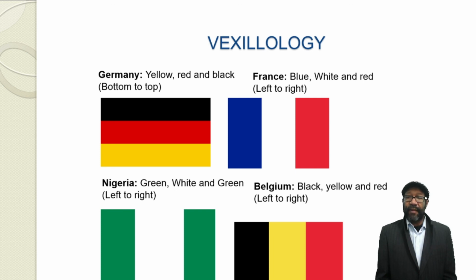Another thing we can say about these flags is that the German and Belgian flags have the same colors, but the position is different. This is why in 2018, when the Brazilian team lost to Belgium, people were making jokes, changing the position of the flag, making a joke like Germans were disguised as Belgians to defeat Brazil in the World Cup.